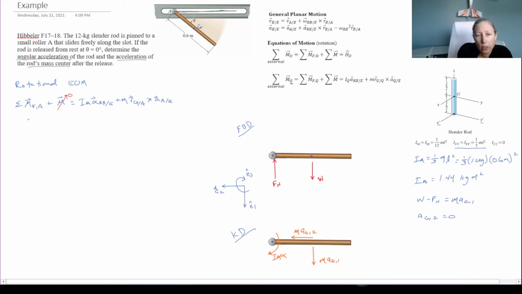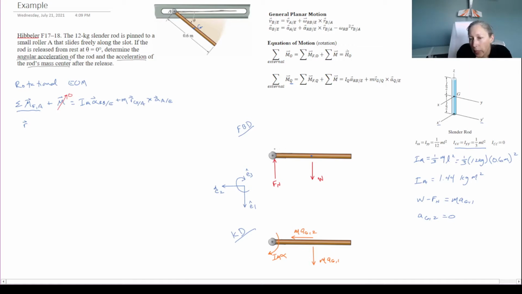And so I'm going to expand this moment term. The moments due to forces are always R cross F, right? So I'm just going to write this a little bit more precisely. I'm working with the weight force only, right? Because this normal force acts through point A, so I only need to worry about the moment exerted by the weight force.